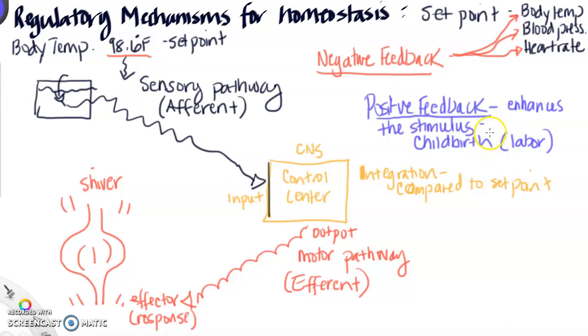When that cervix stretches, it sends a sensory stimulus over a sensory pathway to the brain that says the cervix is being stretched. That causes the hypothalamus to release something called oxytocin, and that makes the uterus contract. So that stimulates the uterine muscles to contract.